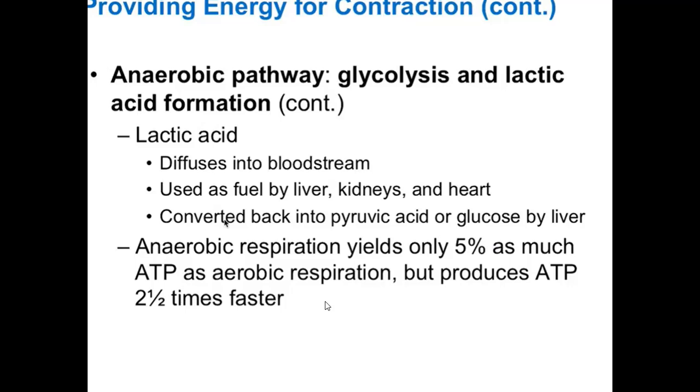The only advantage of this type of respiration is that it produces ATP so much faster than using the Krebs cycle. Number two, you don't need the oxygen. There is also the component that when you're exercising, you put pressure on the blood vessels.